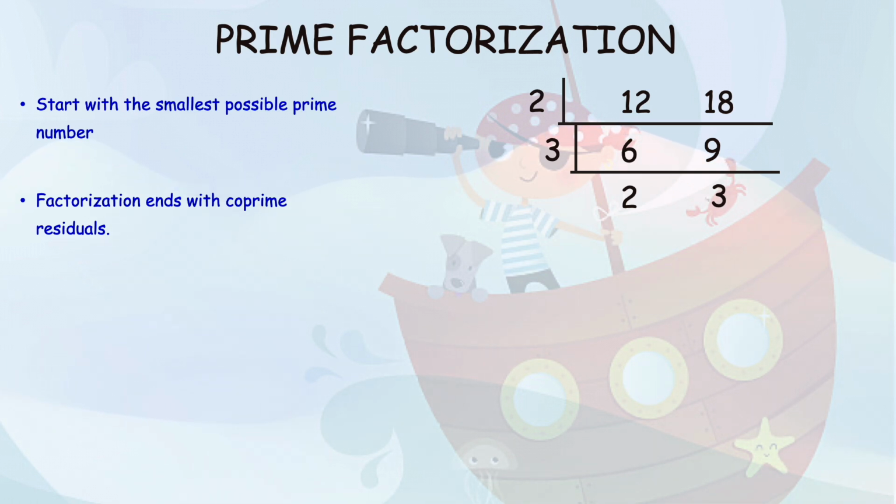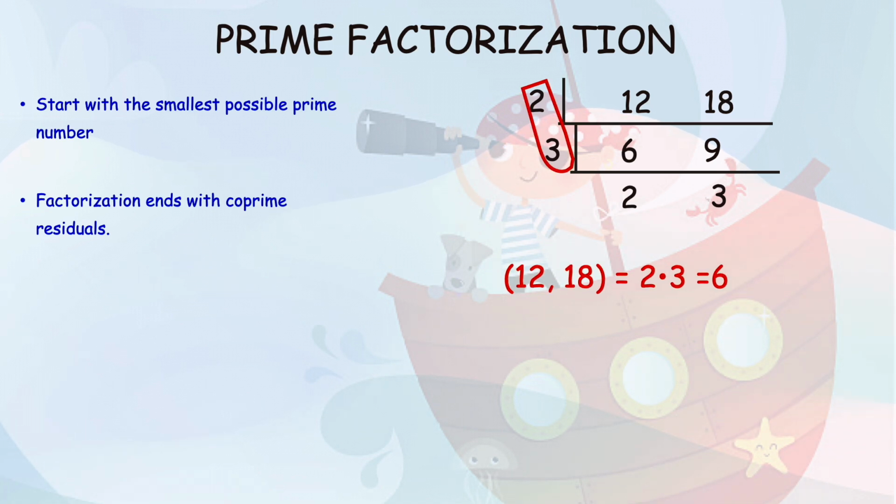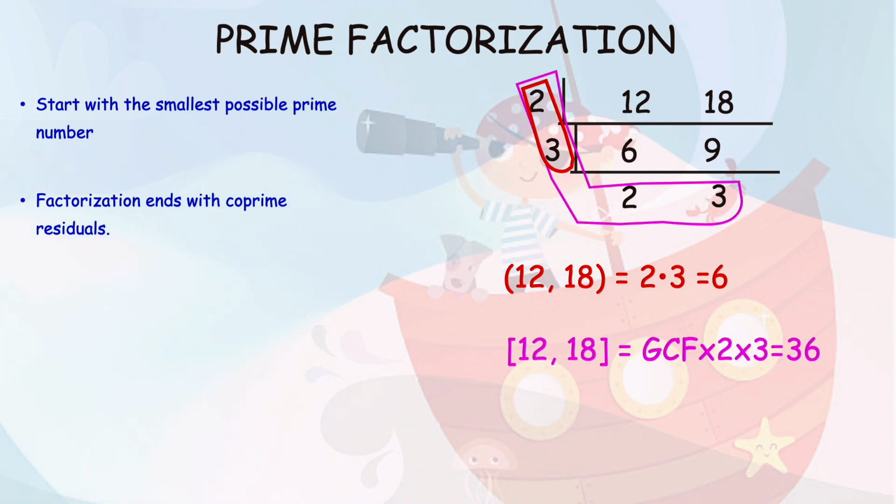What's the GCF? The GCF is the product of the divisors. Here it is 6. How about the LCM? The LCM is the product of the GCF and the remaining quotients. There is a relationship between the LCM, the GCF, and the original numbers.